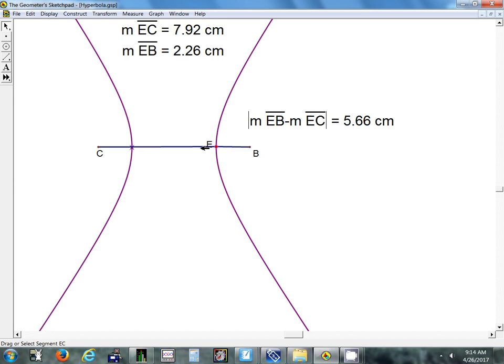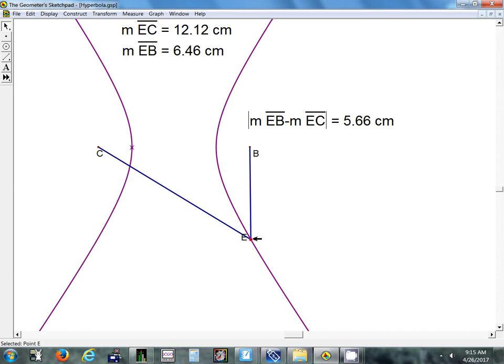Are you subtracting or adding? You're subtracting. The whole thing about this is it's the difference. Yeah, we'll actually never measure the distance between C and B. Maybe there's a name for that, the distance between the foci, but we never look at it. We just look at the difference between that blue line and that blue line, and it always comes out the same. Okay. That's how a hyperbola works.